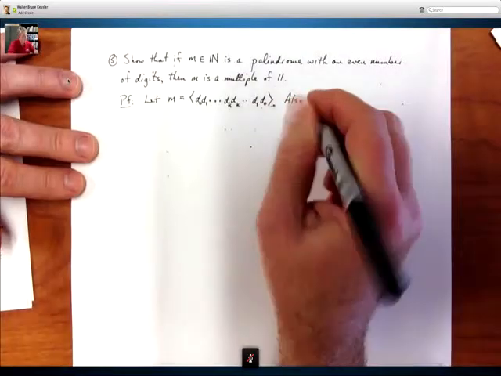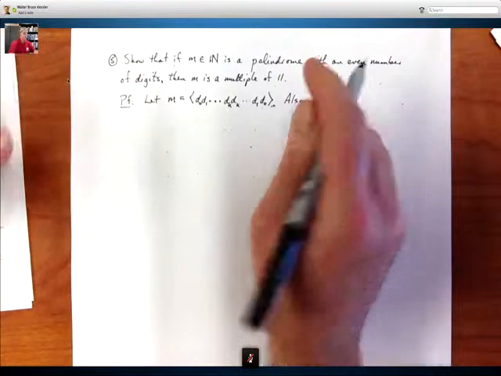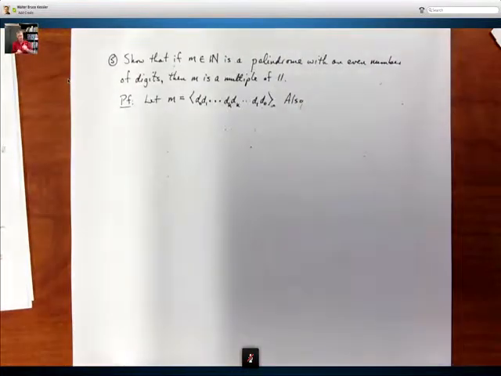Okay? So now let's take a look at the divisibility test for 11, which basically is this. You take the odd position numbers, the first one, the third one, the fifth one, and so forth. Add those, and then the even position numbers, you subtract those.